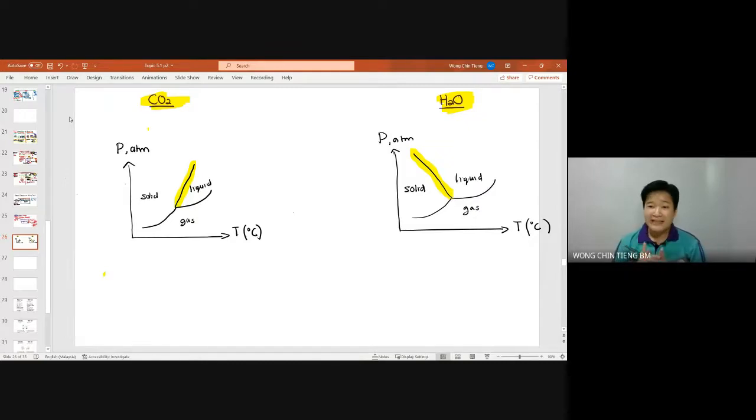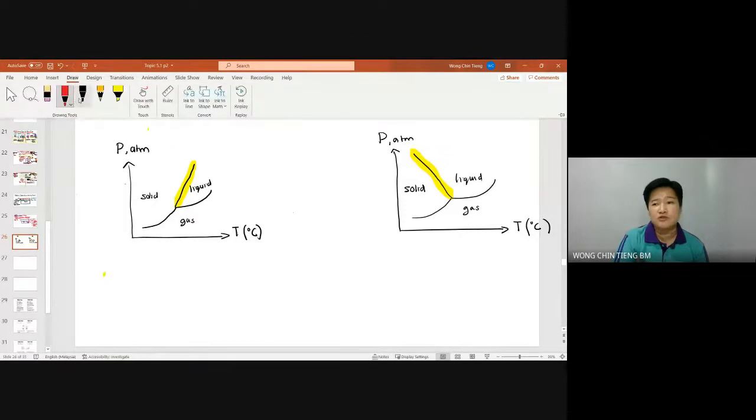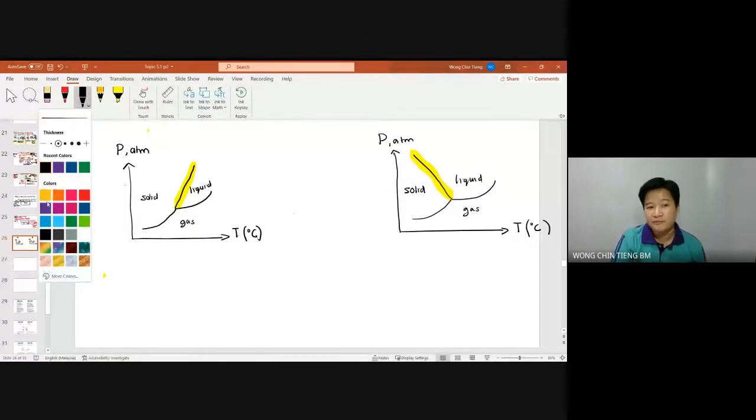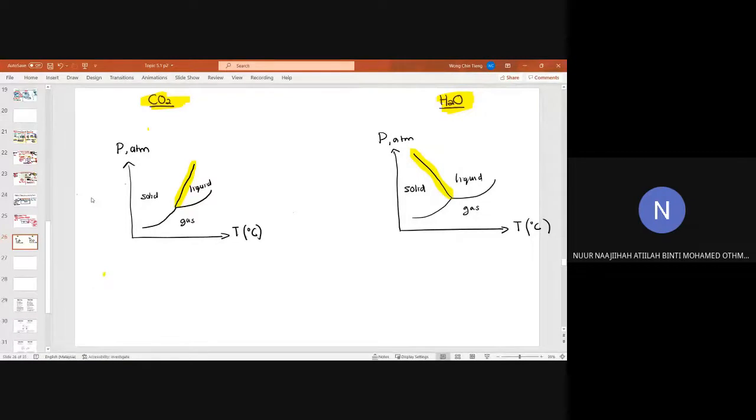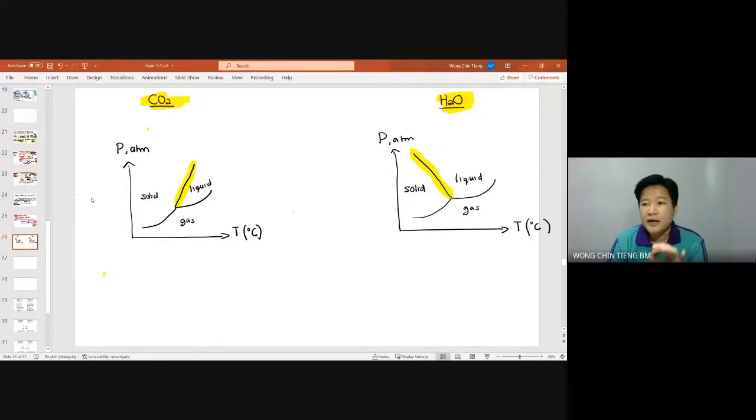So I want to look at the triple point first. Where is the triple point? What is the meaning of triple point? Anybody? What is triple point? Triple point is where solid, liquid and gas are in equilibrium with each other. Solid, liquid and gas exist in equilibrium at the same time, at the same pressure and temperature. Look at one place, one dot, where all your solid, liquid, gas gather.